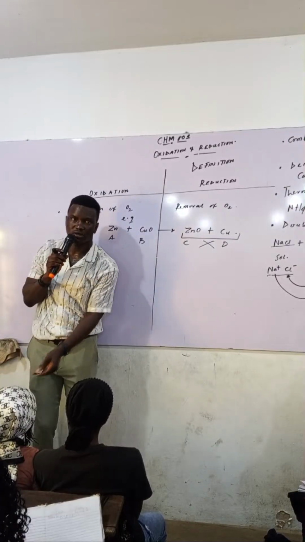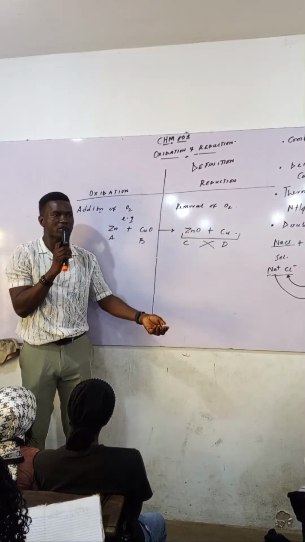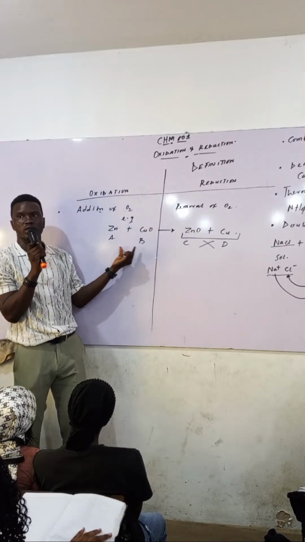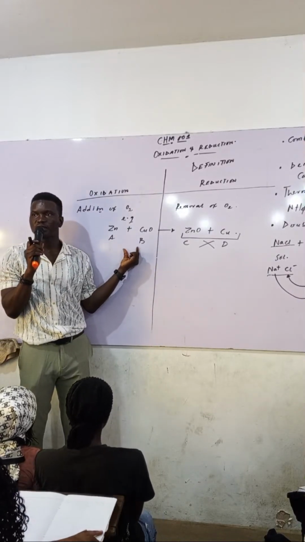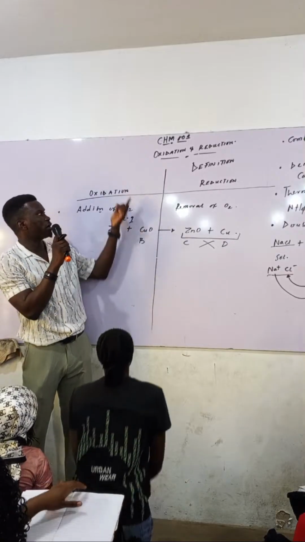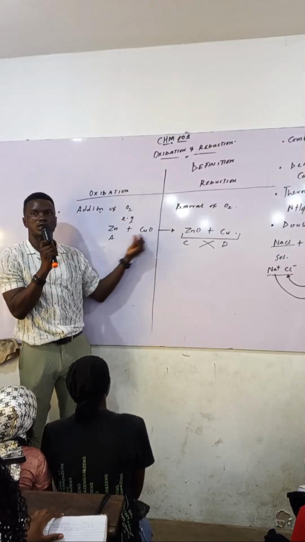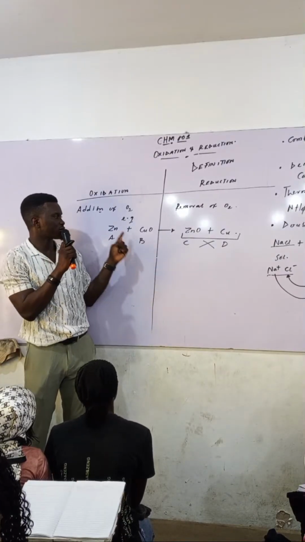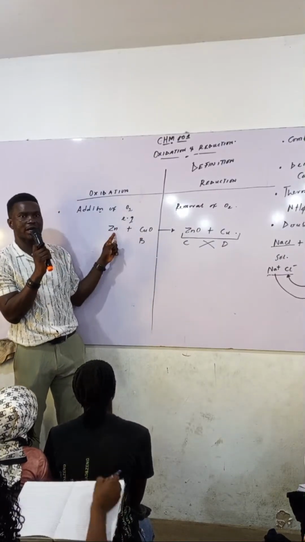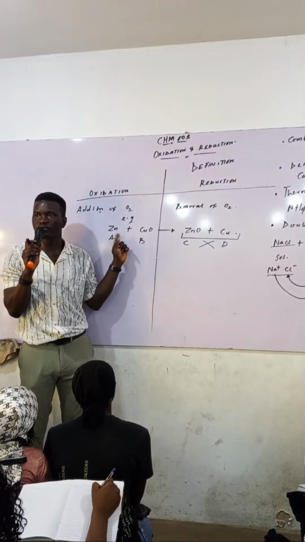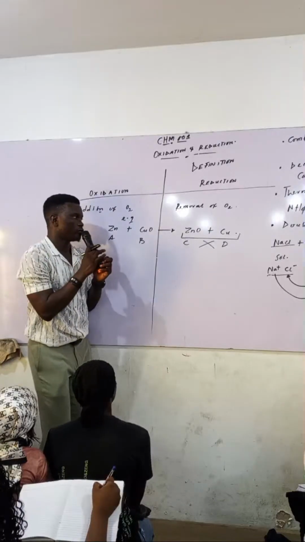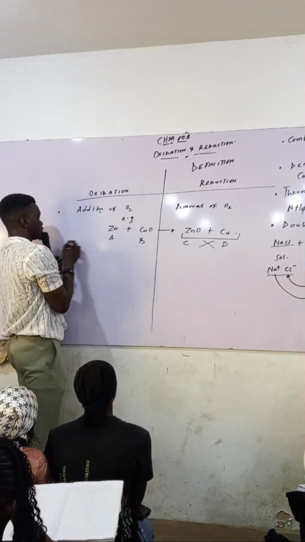Is that taken? Anytime they say which one is undergoing oxidation, which one is undergoing reduction, your answer is always between these two. Is that taken? So now, from our definition, which one do you think is undergoing oxidation here? Zinc. Because you added oxygen to zinc and you remove oxygen from CuO. Do you understand that? We will see other methods later.